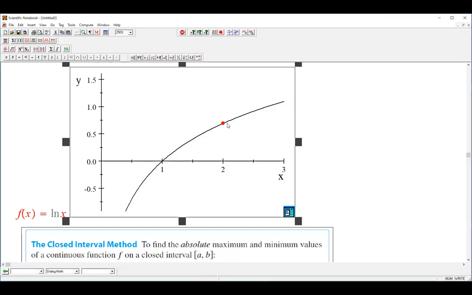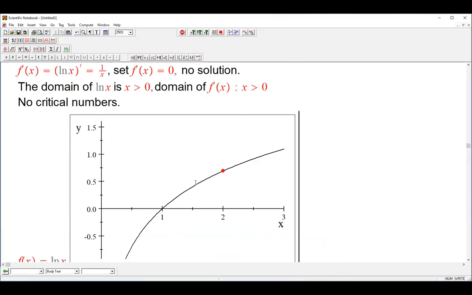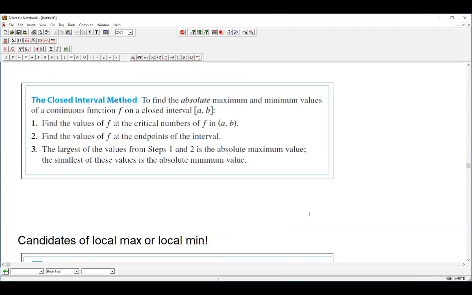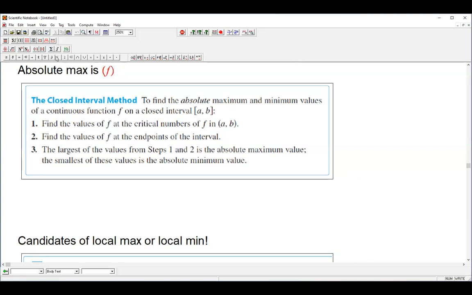As an increasing function, it has an absolute maximum, but it does not have a minimum. So the absolute max is f of 2, which is ln 2.